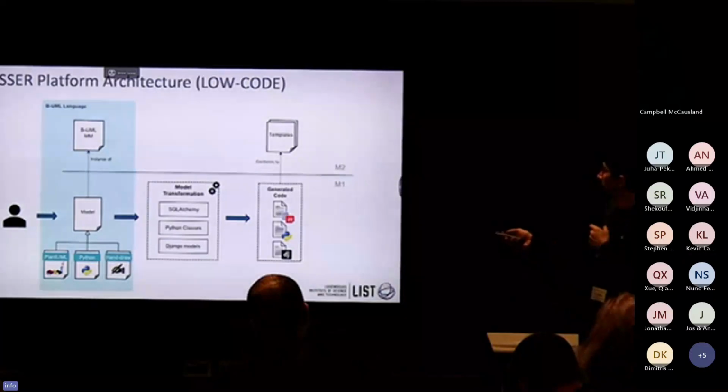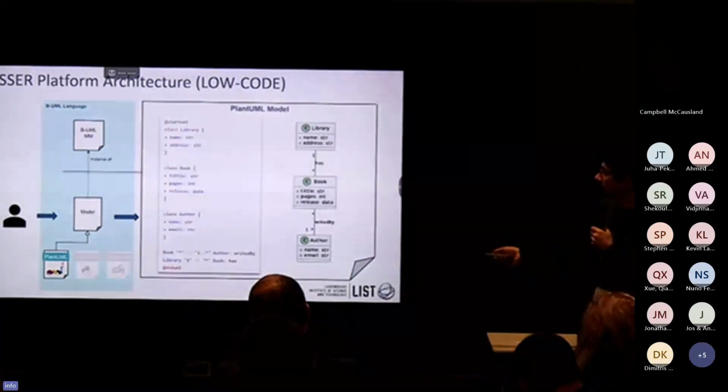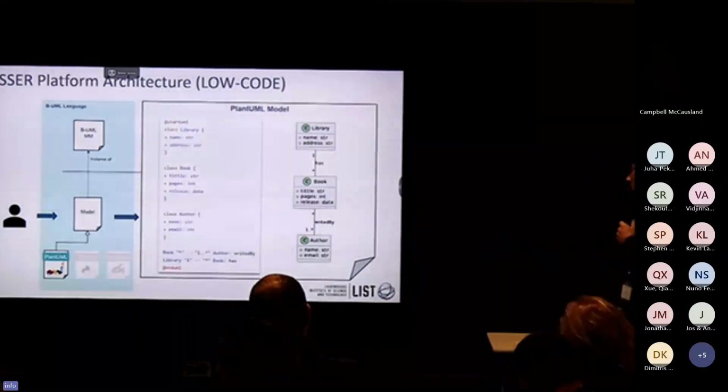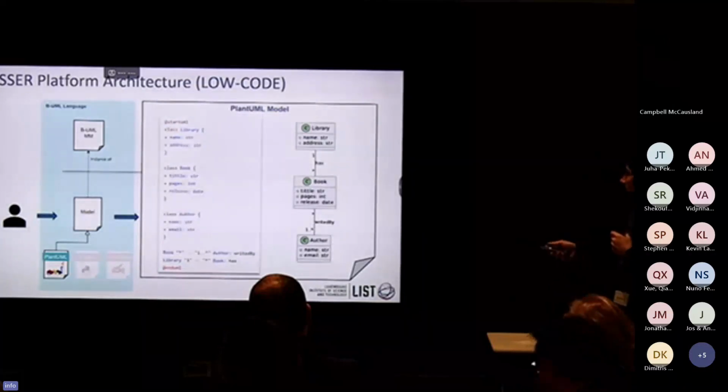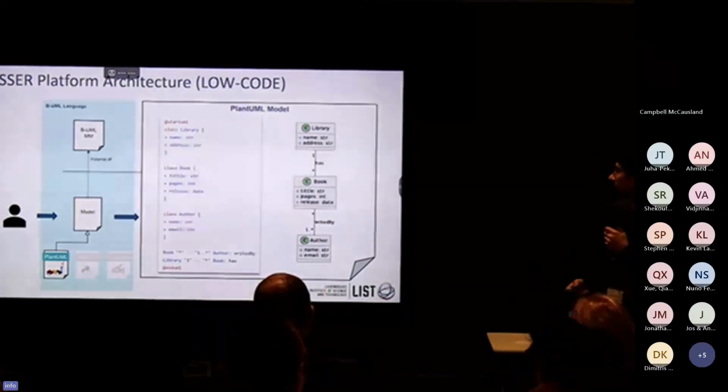To specify a model with the BAML language, we provide 3 ways. The first is using a PlantUML notation. Here we have designed a grammar to accept the code of a PlantUML model.